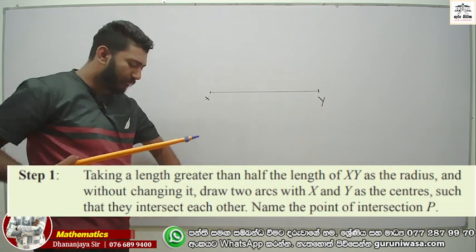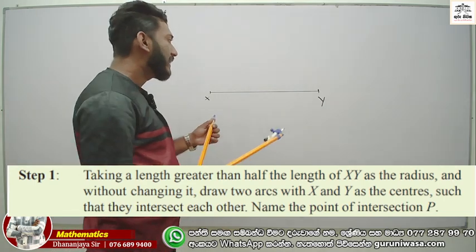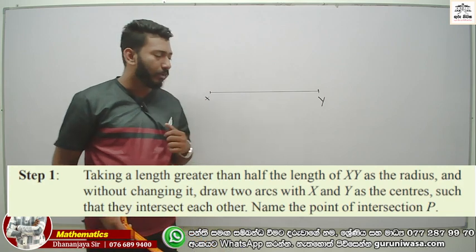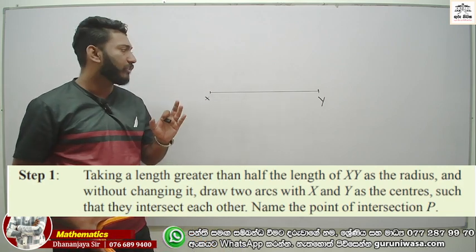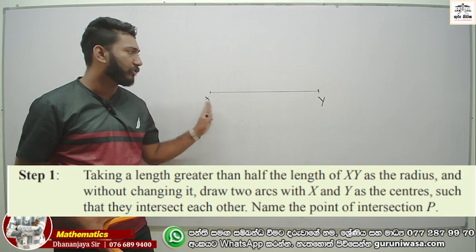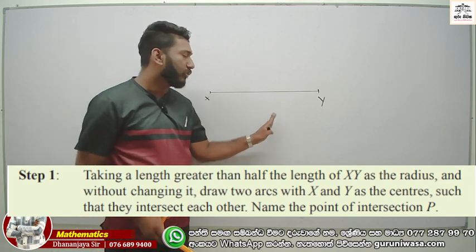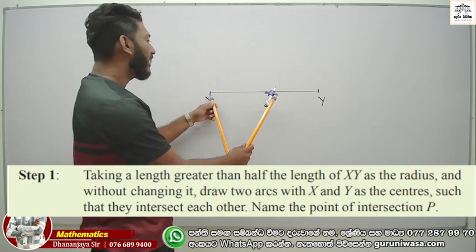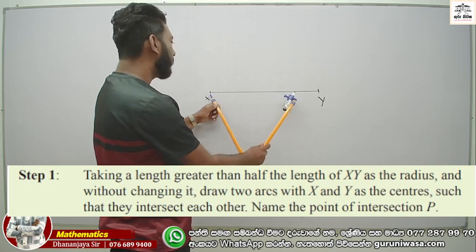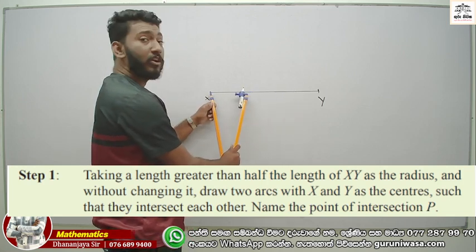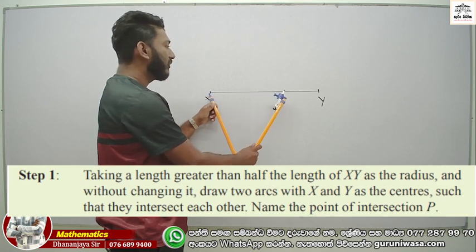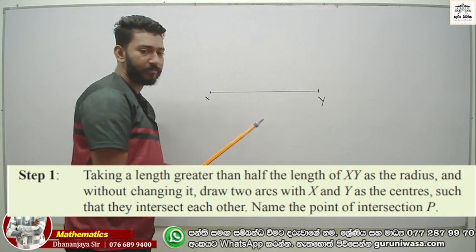The important thing is it should be greater than 50% of this line. If you want to draw the perpendicular bisector of the straight line XY, you need a radius more than 50% of this line. This one is not suitable because it's less than 50% of this line. You need it greater than half of this line, right?